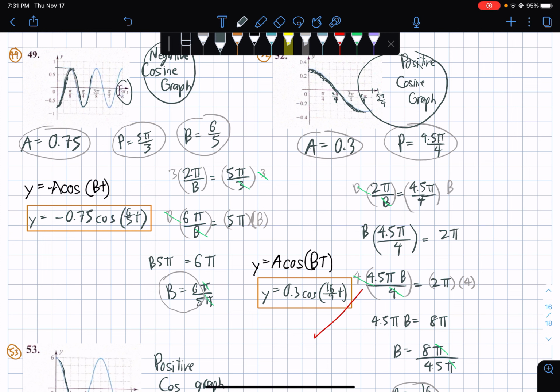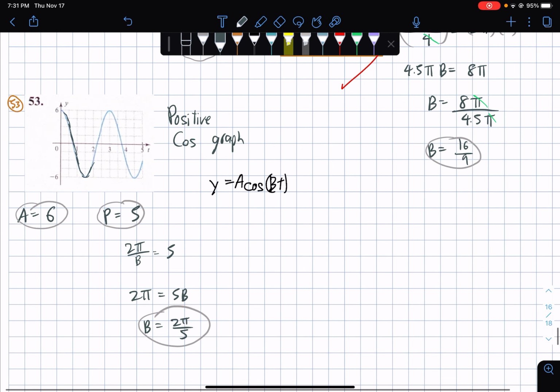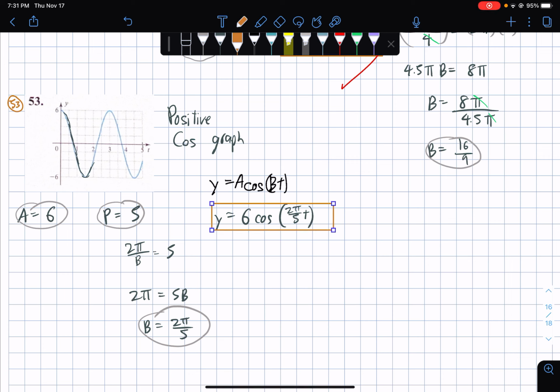Apologize for that. Y is equal to the amplitude, which is 6, times cosine of 2 pi over 5 t. I think this is the equation.